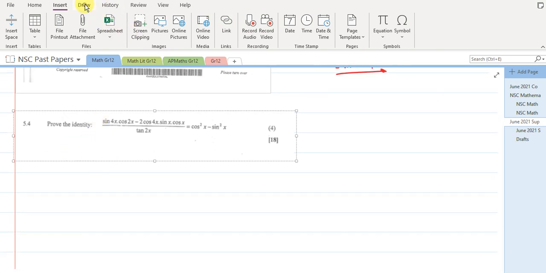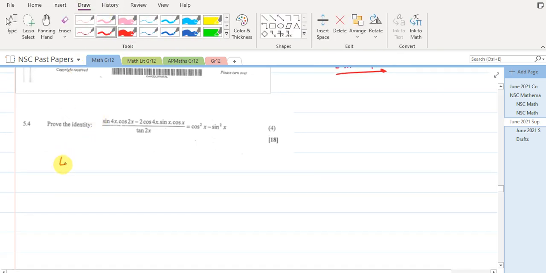So what we can say here is the left hand side of the equation is now equal to sine 4x cos 2x minus 2 cos 4x sin x cos x. So we just want to see what we can take out as a common factor first. So we can see we have cos 2x sin 4x.